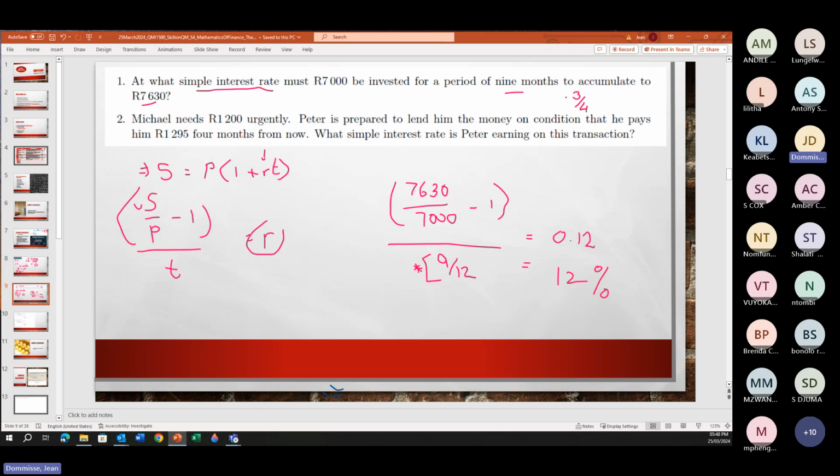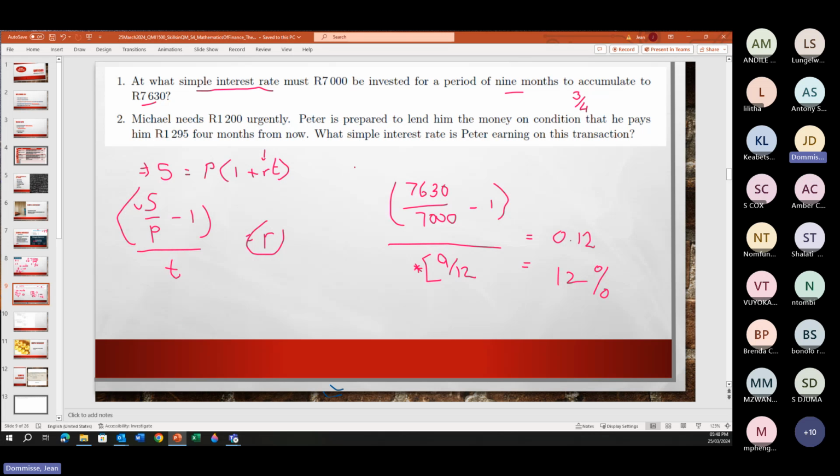Okay, quickly look at question 2. It's very similar. I'll give you a minute or two to see if you can put it into what you need to do.